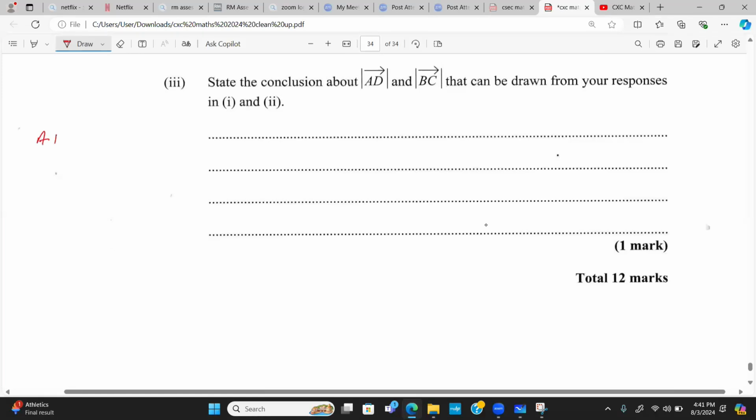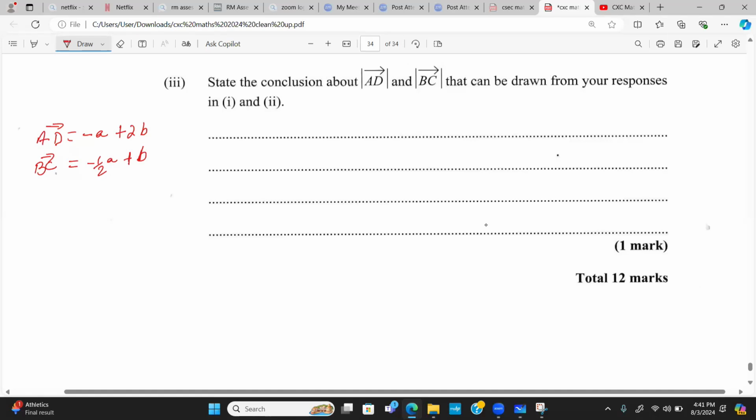We had it that AD is actually negative A plus 2B, and BC is actually negative half A plus B. So here it is.